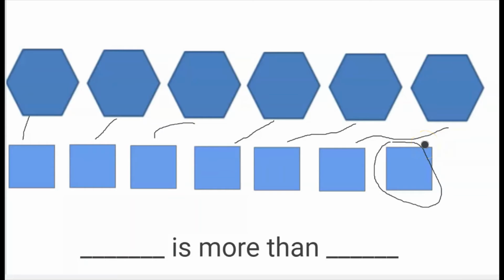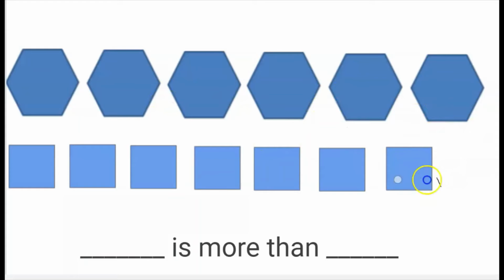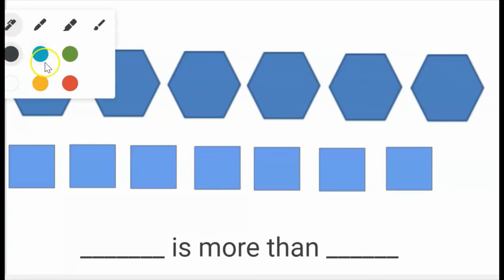I wonder if we could count them to find out which has more. Let's count the hexagons. I'm going to erase my lines so we can count our hexagons and squares. We know just because the hexagon line is longer does not mean that the hexagon is more. We need to go back and count to see which has more.